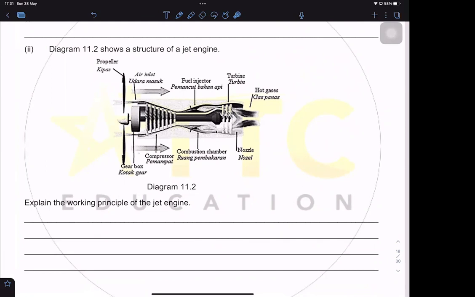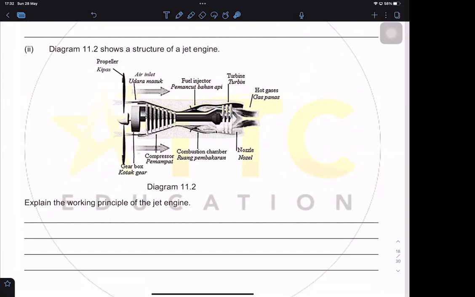Now, this explanation you can use not just for a jet engine. You can use it for a rocket, for a gun shooting a bullet, for a squid shooting ink. So the key here is to know what you are shooting out and where.